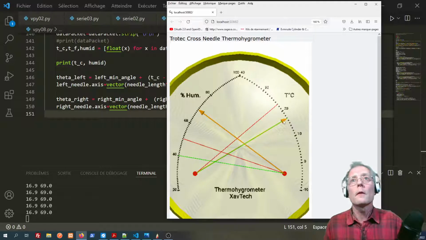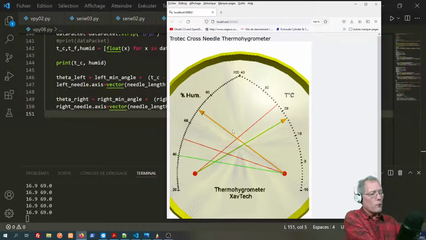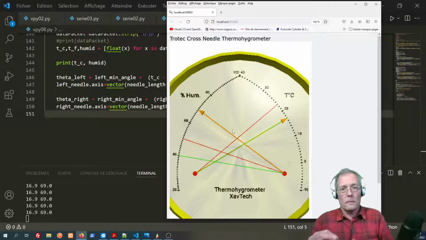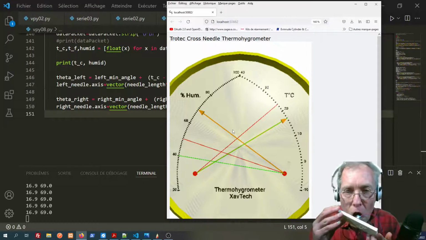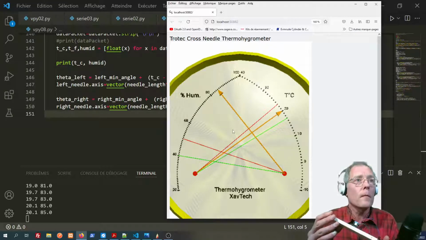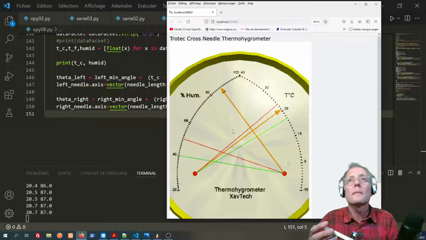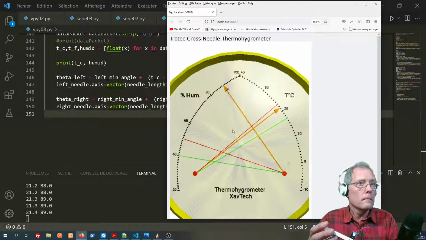We are just at the minimum for the ideal temperature, but for the humidity, maybe I can try to. Yes, it changed. So you can see the values changing. I'm alive. Yes, that's okay.